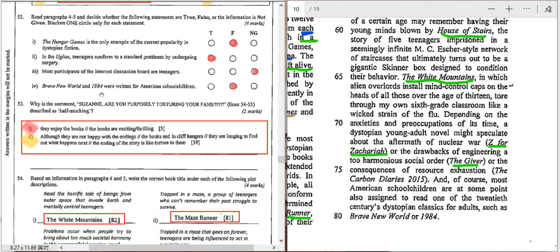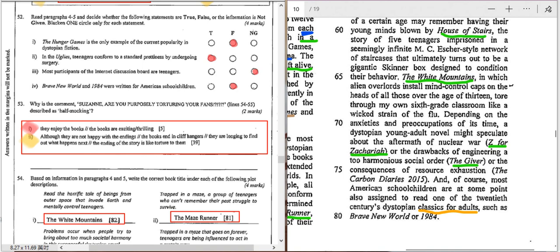Last, Brave New World and 1984 were written for American school children. Is that right or not? If you take a look at the last sentence, of course most American school children are at some point also assigned to read these two books, and these books are classics for adults.